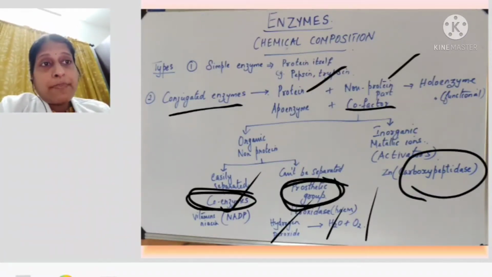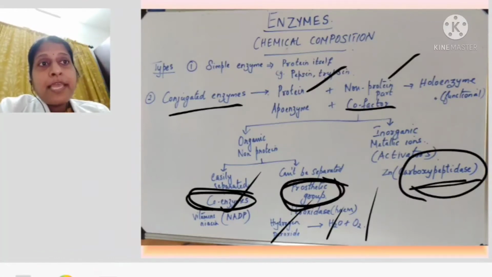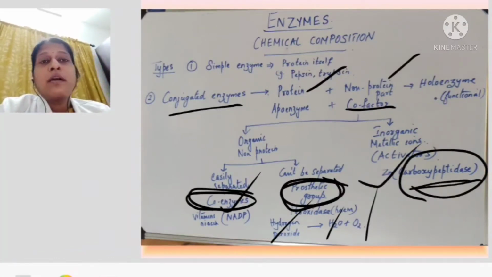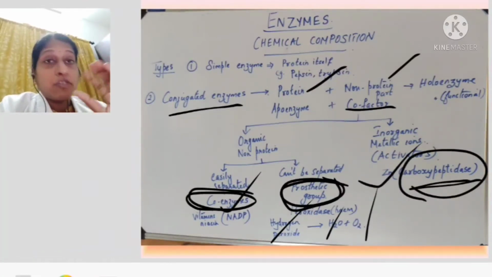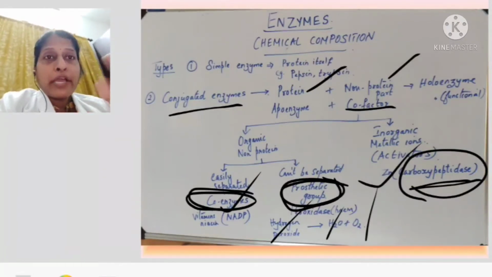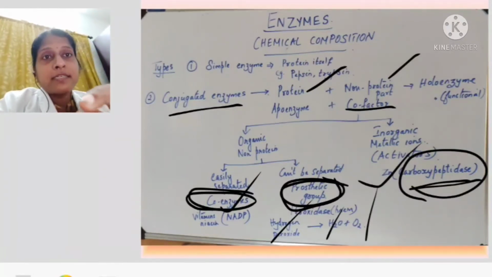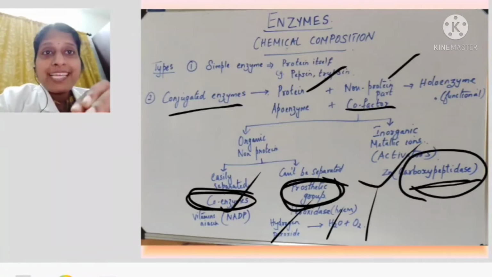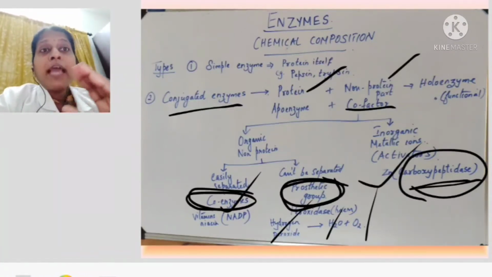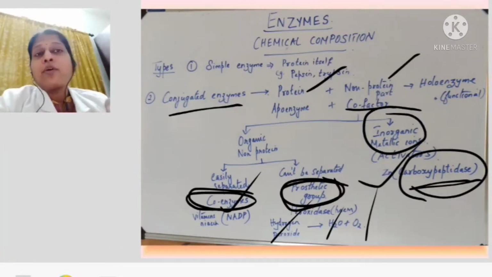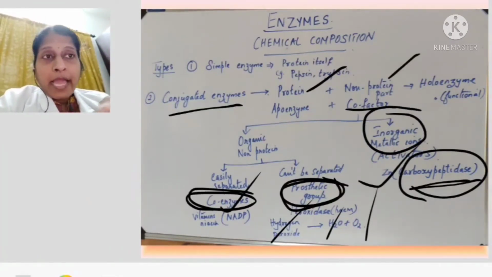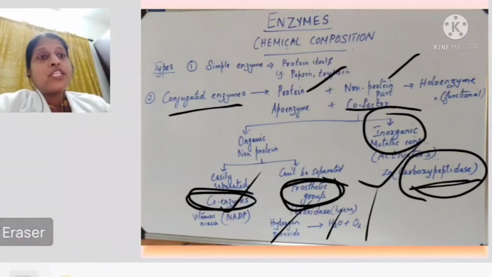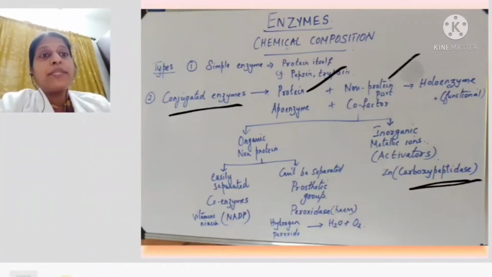This carboxypeptidase is an enzyme in which an inorganic metallic ion is present. What is that? Zinc is present there. The zinc is a metal ion present in the enzyme, and it comes under the category of inorganic metal ions, and these are called activators. So hope it is clear.